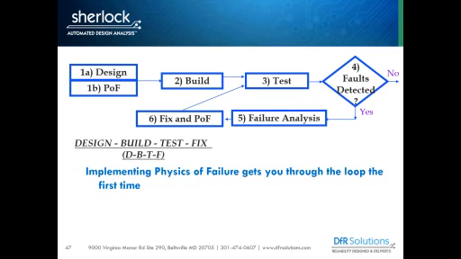I don't have to have a Rev 2 or Rev 3. I can get through on a Rev 1, pass my qual test, and save a lot of time and money: shorter time to market, less money during test, get through the loop the first time, or not even have to get into the loop.